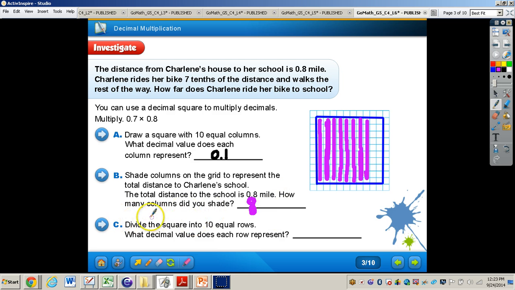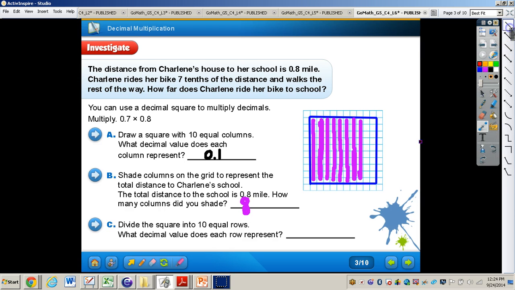Now what we want to do, we want to divide the square into 10 equal rows. So we have columns going down, and then we want to do 10 equal rows going across. So here's what we will do. We'll use black ink for this, and we want to just go 10 rows going across. 1. It's another row here.